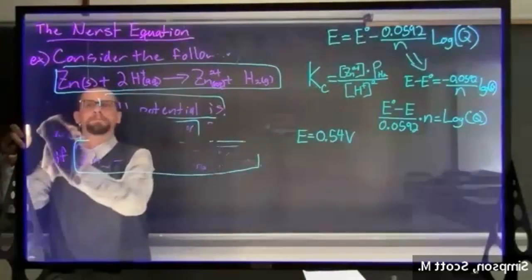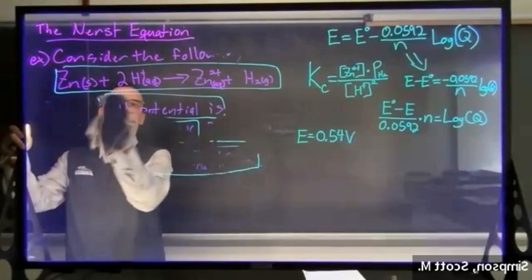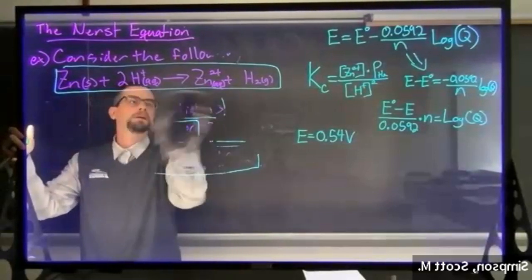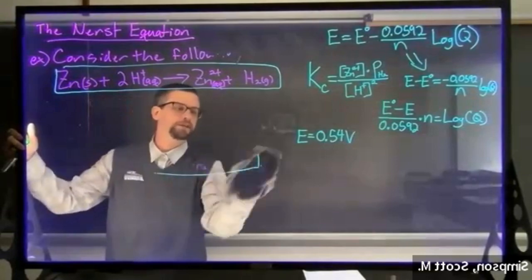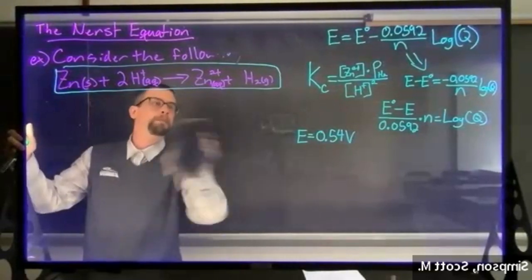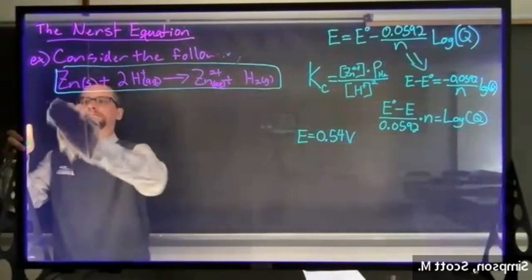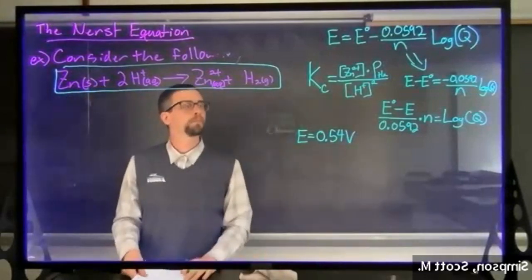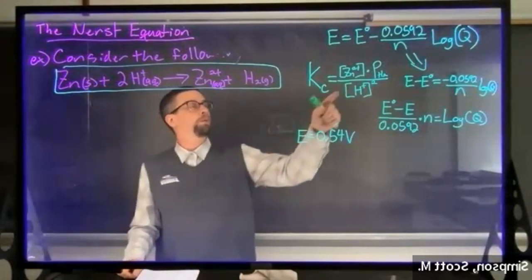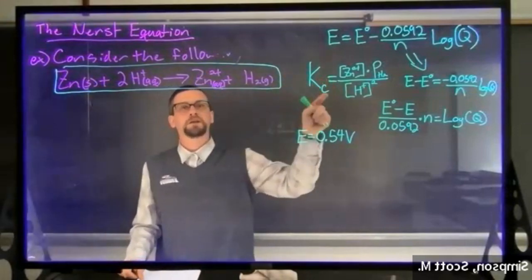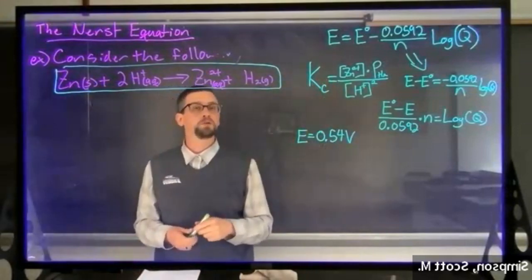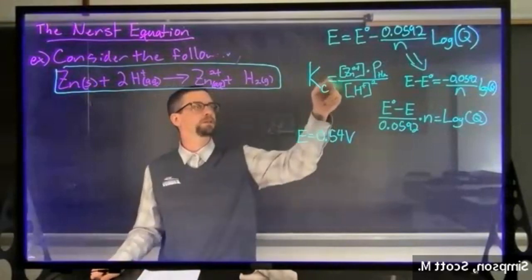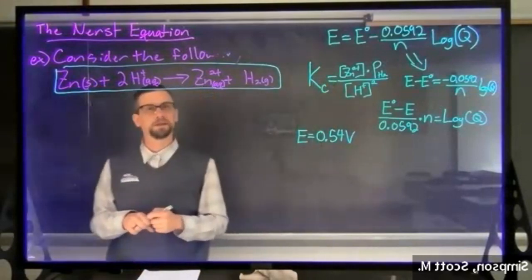So in order to do that, what we have to do is break our reaction into two half reactions. And we can do that. Another important point, note, this is at the general chemistry level. If you're going to an upper level course, this will have to change to something called activity.